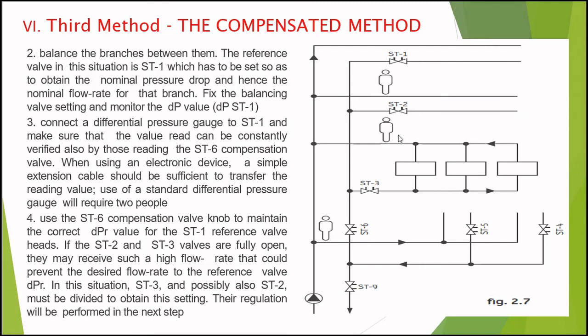If the ST2 and ST3 valves are fully open, they may receive such a high flow that could prevent the desired flow rate to the reference valve DPR. In this situation, ST3 and possibly also ST2 must be throttled to obtain this setting. The regulation will be performed in the next step.